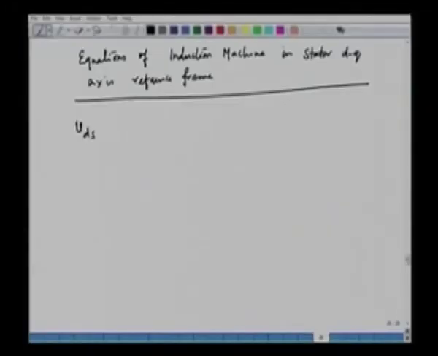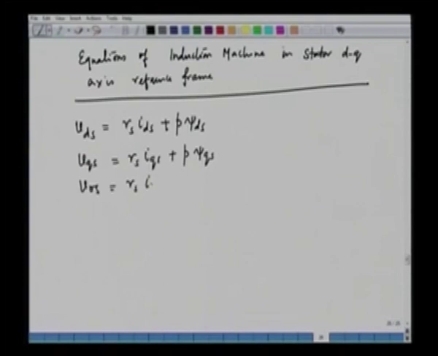We can write down the equation for the stator and equation for the rotor in the following fashion. VDS is equal to RS IDS plus P psi DS. VQS is equal to RS IQS plus P psi QS. VOS equal to RS IOS plus P psi OS.